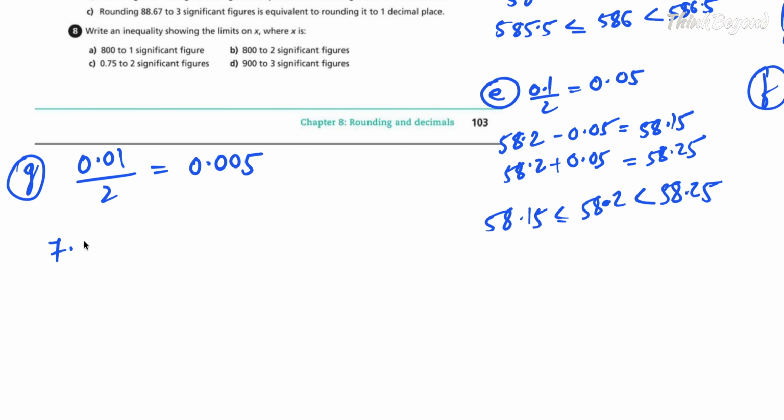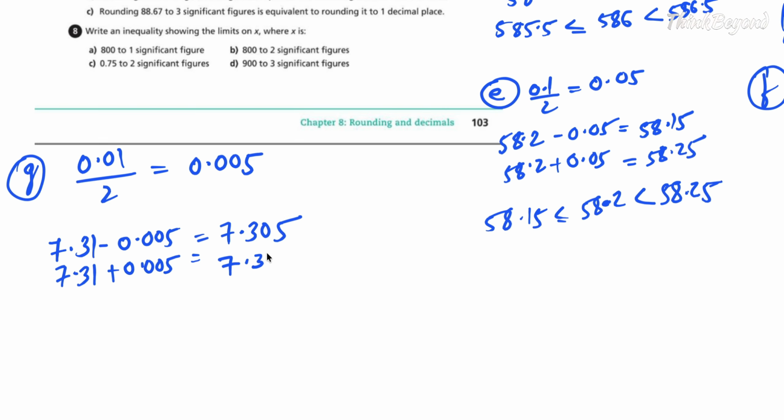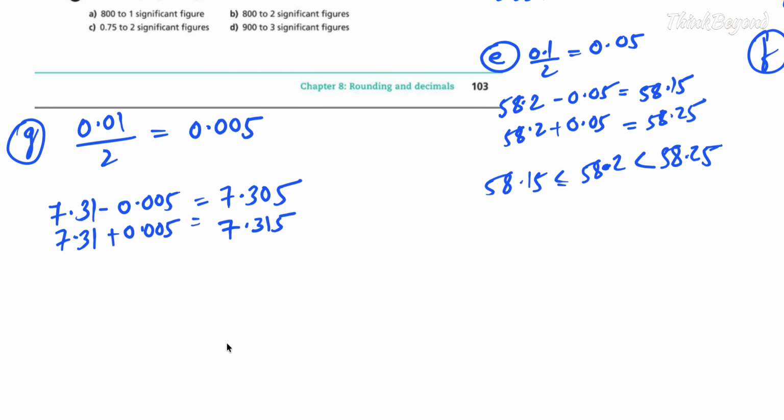So 7.31 minus 0.005 will give you 7.305. 7.31 plus 0.005 will give you 7.315, and the inequality becomes 7.305 is less than or equal to 7.31, which is less than 7.315.